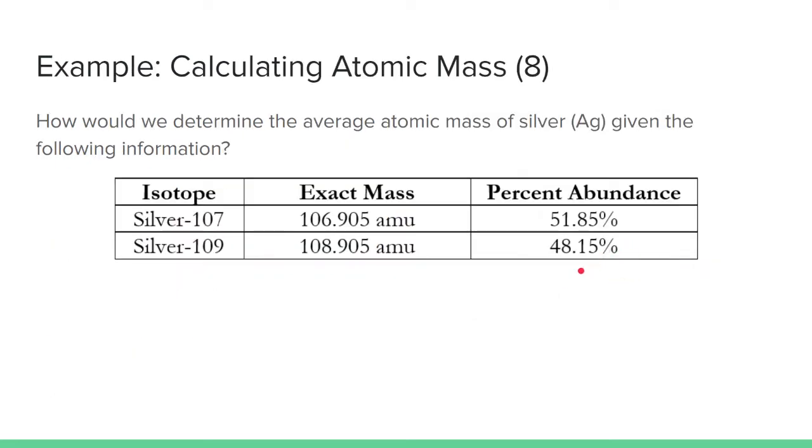How would we determine the average atomic mass of an element if we're provided the following information? Well, the atomic mass of an element is a weighted average. We have two stable isotopes of silver, silver 107, silver 109. We have their exact masses, and we know what the percent abundances of each of those isotopes is.